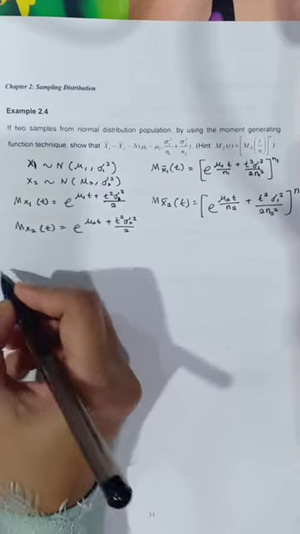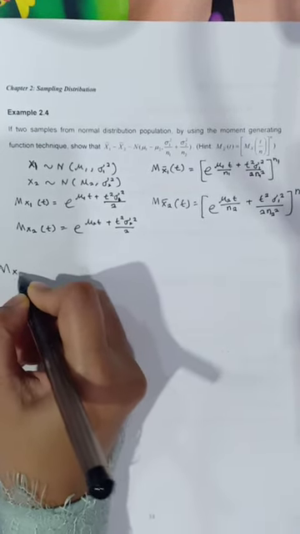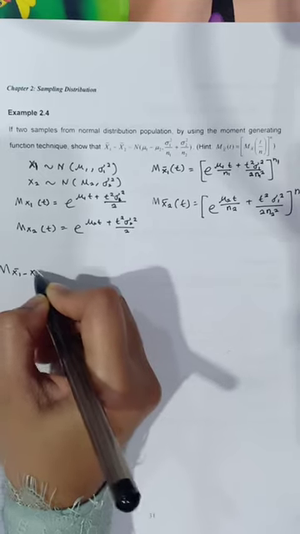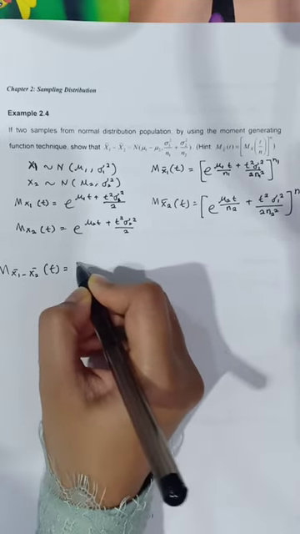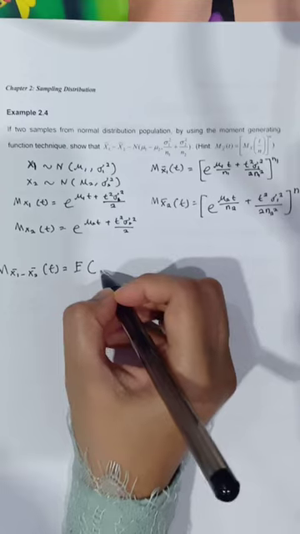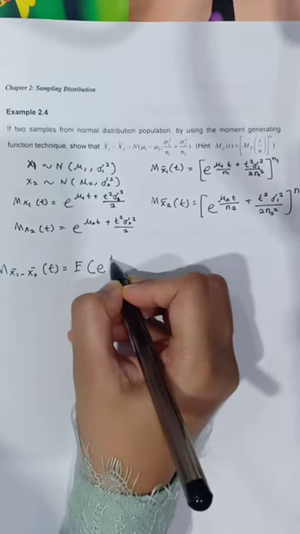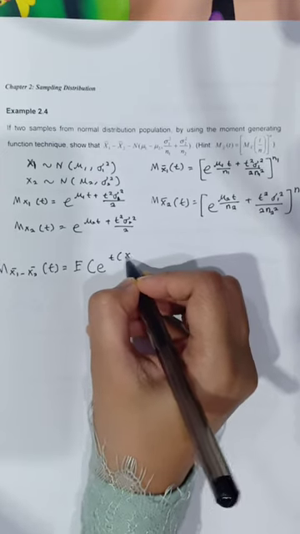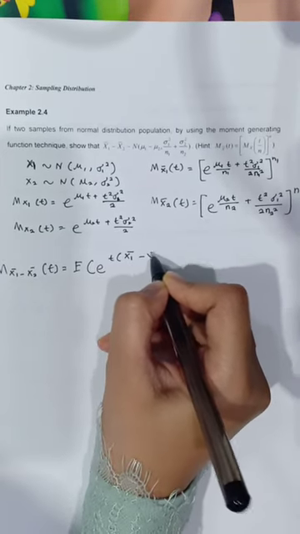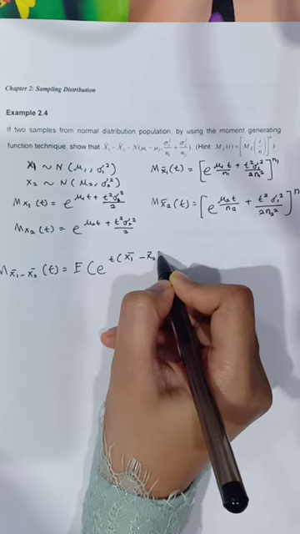Alright, so what we want is to find the distribution for x1 bar minus x2 bar. So we should start with M x1 bar minus x2 bar t, right? Remember the concept of the MGF technique: E of e power of t times x1 bar minus x2 bar.